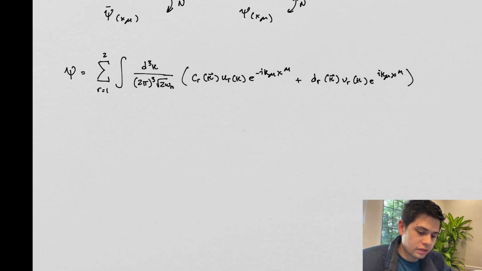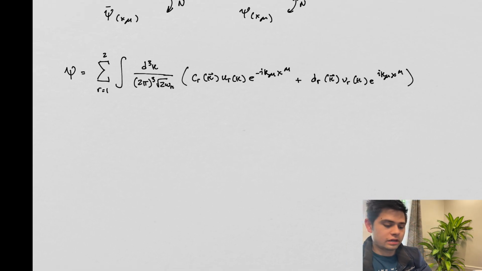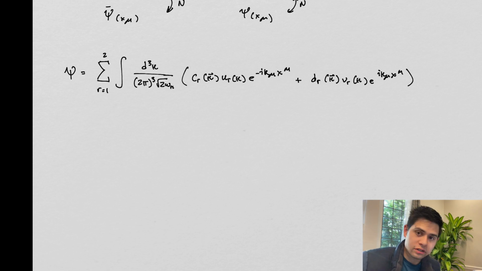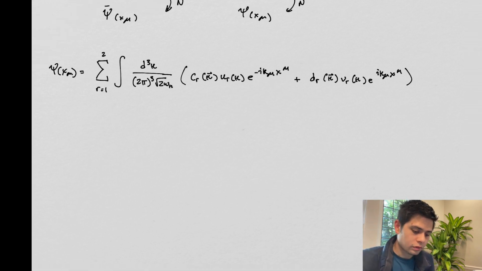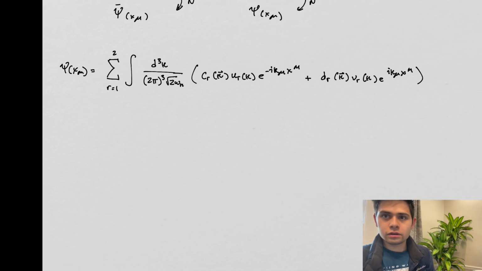So this is our most generalized form, again, this is a function of x^mu. If I want to be totally complete here, this would be x^mu. This is our completely generalized form, right?